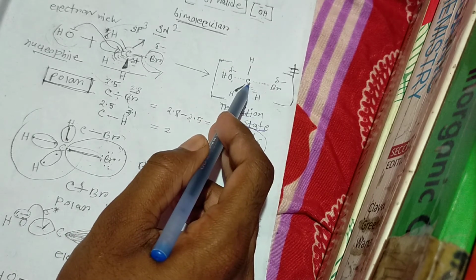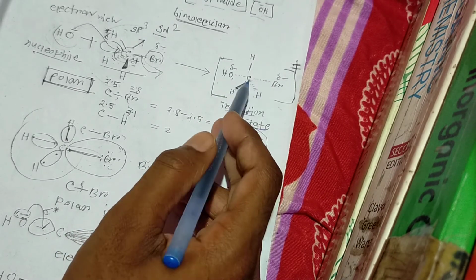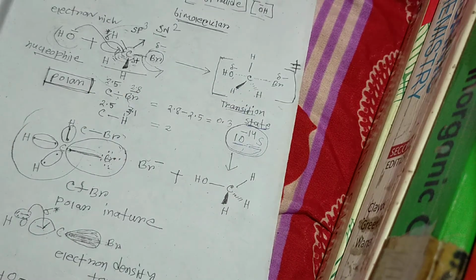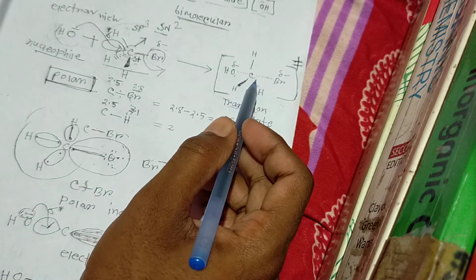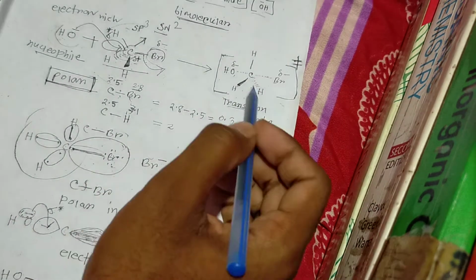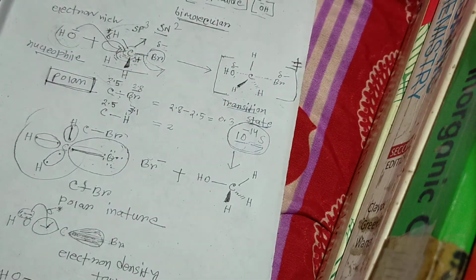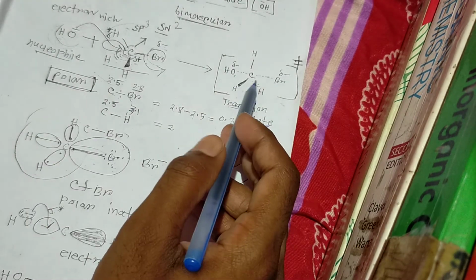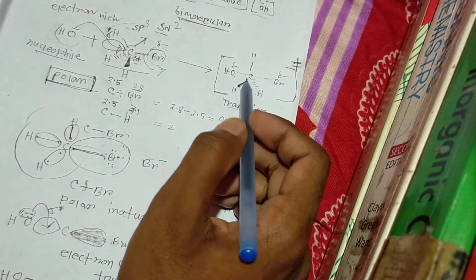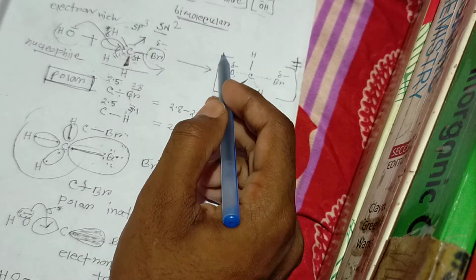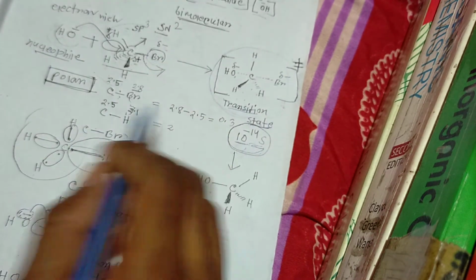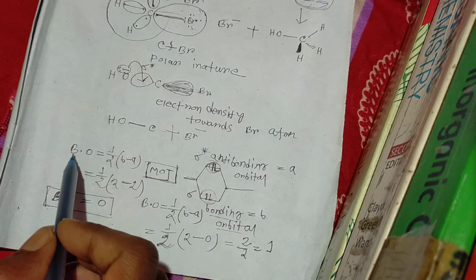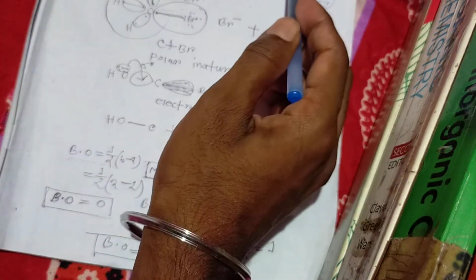Here carbon bonded with five different atoms is impossible, because carbon can only bond with four different atoms by covalent bonds. So obviously this transition state is not possible. That's why I discussed that bond order is very important.